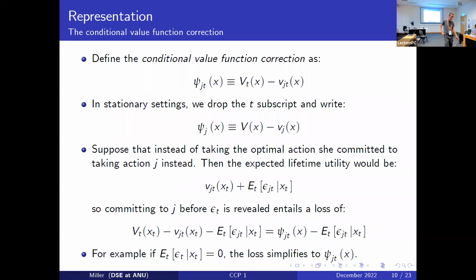Unconditional in the sense that it's just the expected value of x without the selection aspect. So for example, and this is not true for logit, if this thing was equal to 0, this loss that you would make would simplify to psi jt. So that's why we call it the conditional valuation function correction.